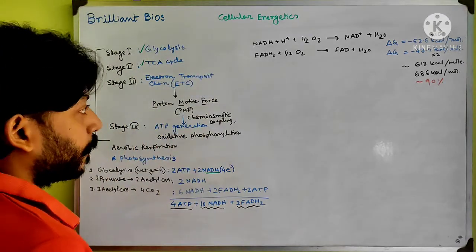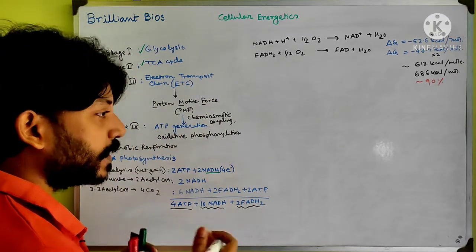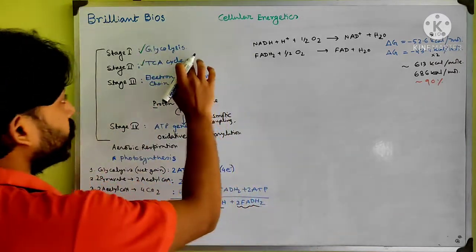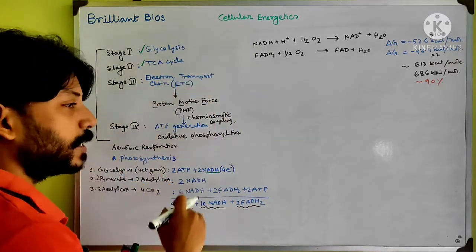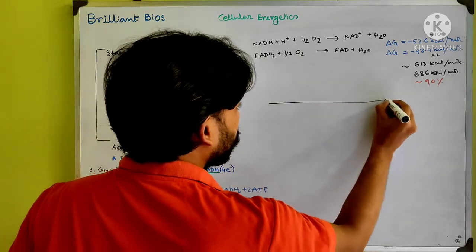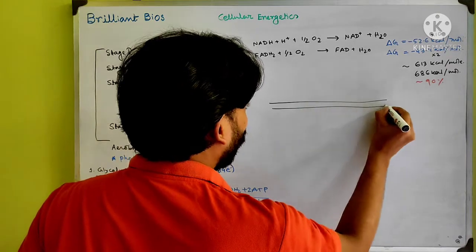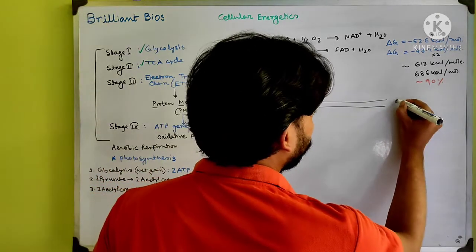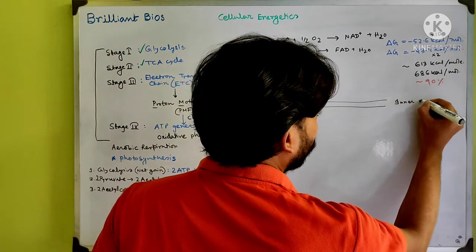Now I will show you the basic idea about the electron transport chain. We know that the TCA cycle and electron transport chain actually happen in the mitochondria. In the mitochondria there are 2 membranes. The membrane where all the electron transport chain components are present is called the inner mitochondrial membrane.